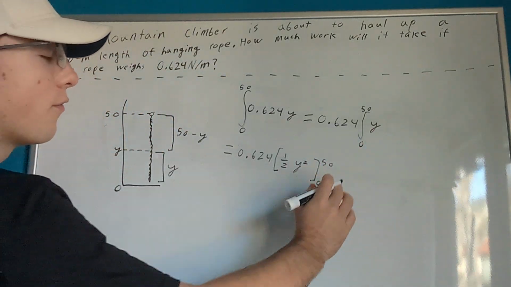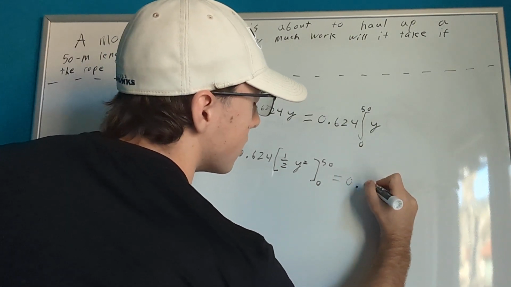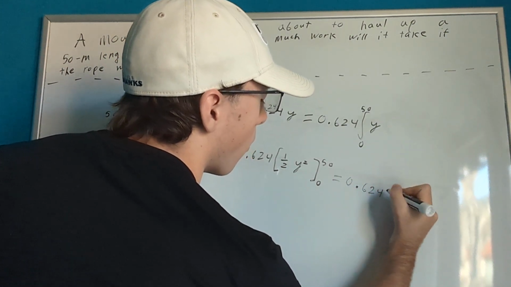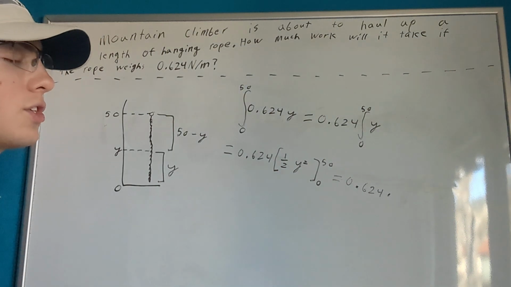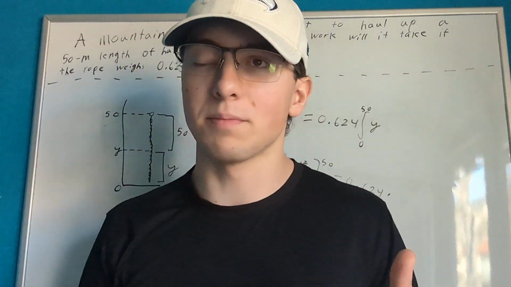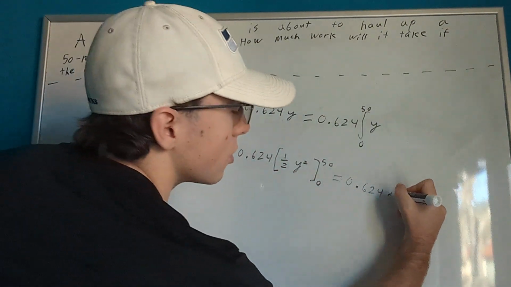Now plugging in 50, we get 0.624 times 50 squared divided by 2. 50 squared, that's 50 times 50, that's 2,500, divided by 2, that's 1,250.